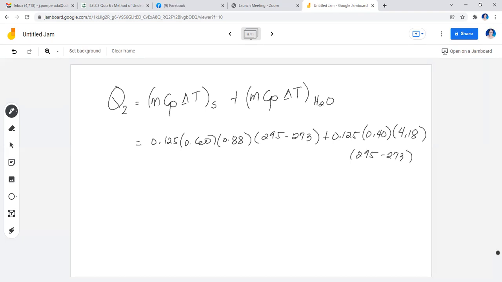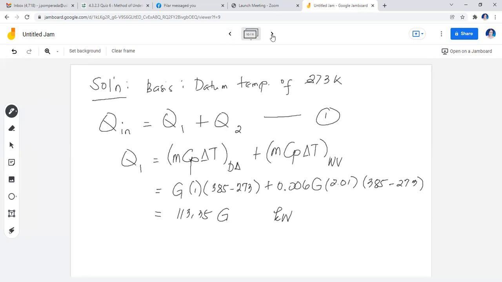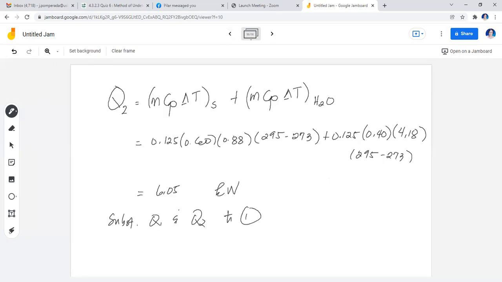Now you will have here a Q sub 2, which is 6.05, also having a unit of kilowatt. Now, if you substitute Q1 and Q2 to equation 1, did I place equation 1? Yes, to 1. So this will be Q in.